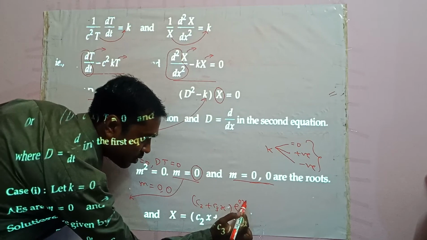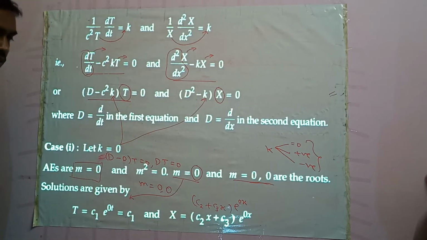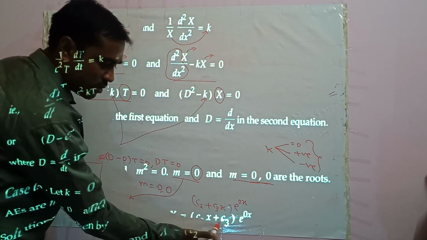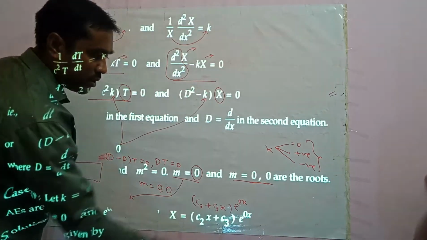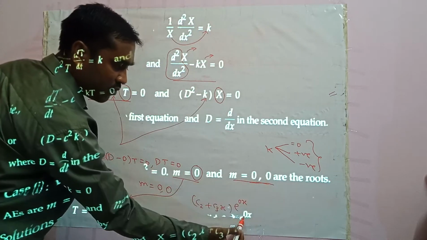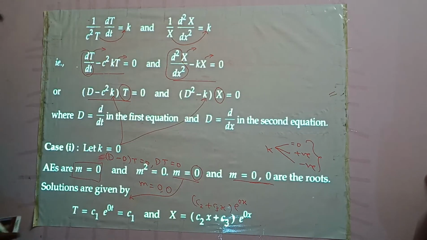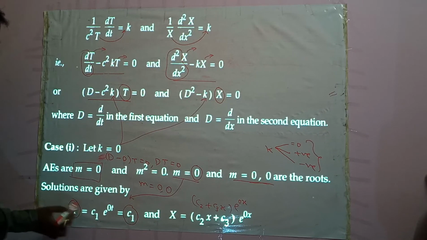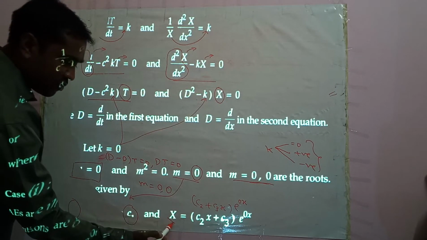You can write in this way also. Anyway is okay. In the textbook they have taken C2x plus C3. One time we write e to the power 0x, right? So we got one solution for T as just C1, and the solution for X is this.